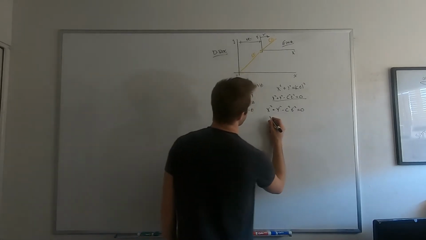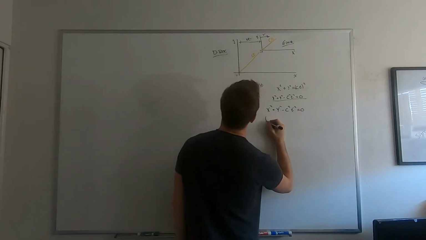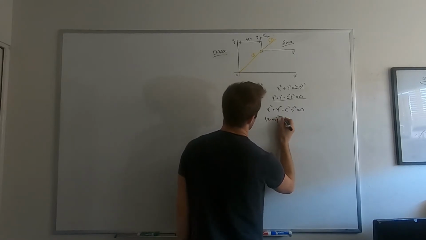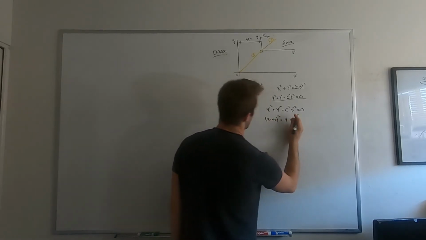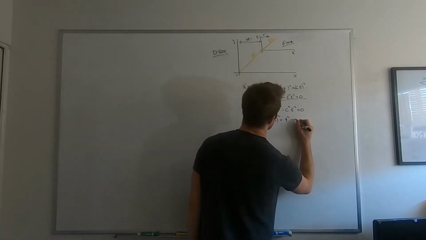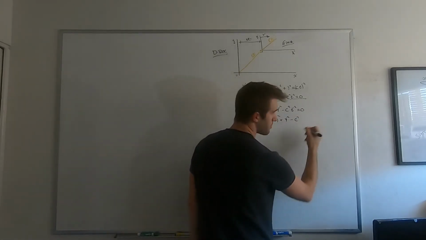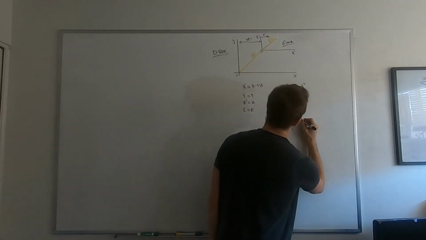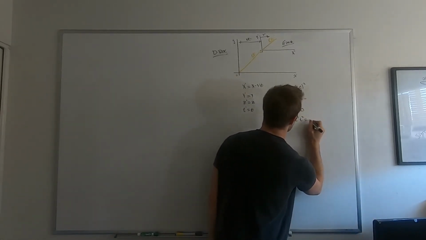So we're going to have (x minus vt) squared plus, well, y prime just becomes y, so y squared, minus c squared, and t prime just becomes t, so t squared equals 0.